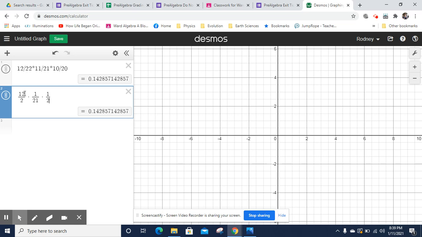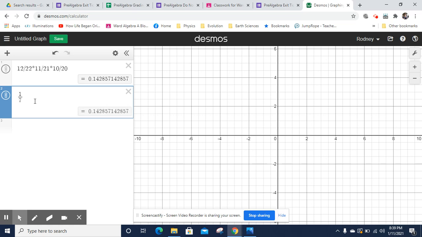And we can factor a 4 out of the 12 up here, leaving a 3. So that becomes a 1. And this one contributed to factoring out the 4 as well, so that becomes a 1. So we no longer care about the 1 over 1. And now we've got 3 over 21, which is 1 over 7 when we factor a 3 out.